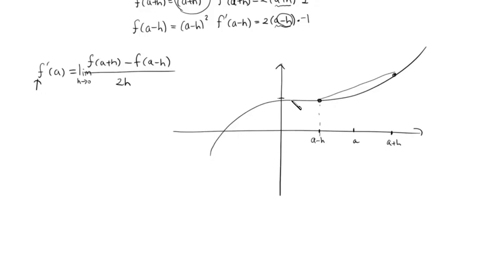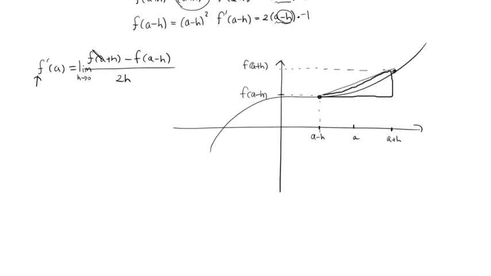So this first y point is f of a minus h, and the point right over here is f of a plus h. And therefore, if you simply take the gradient of this line, the diagonal, the hypotenuse over there, then you get this one. So it's this minus this over, and the distance between this and this is 2h.